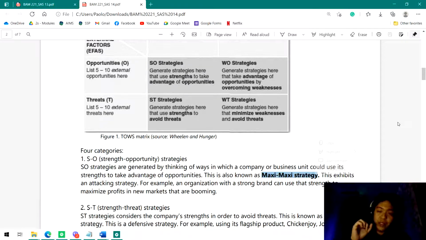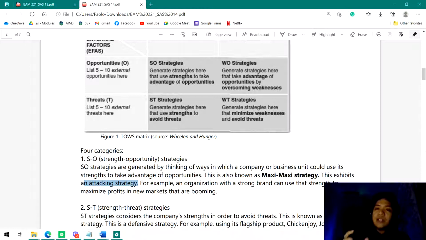You are trying to take advantage of positive opportunities by using the strengths of your company. This exhibits an attacking strategy. Of course, it is an attacking strategy kasi you are utilizing your strengths, yung kakayahan or yung specialty ng company mo in order to take advantage of opportunities.